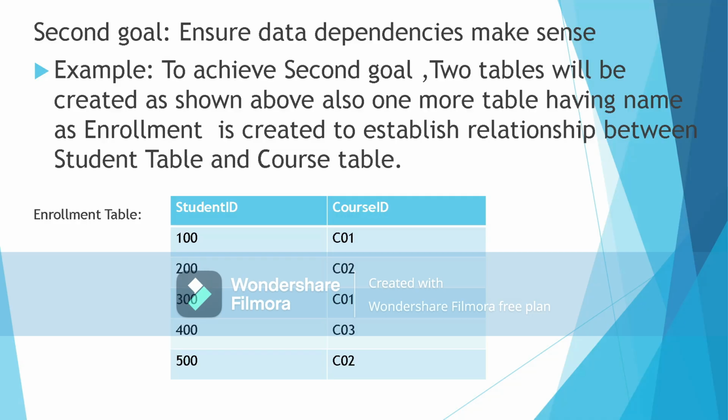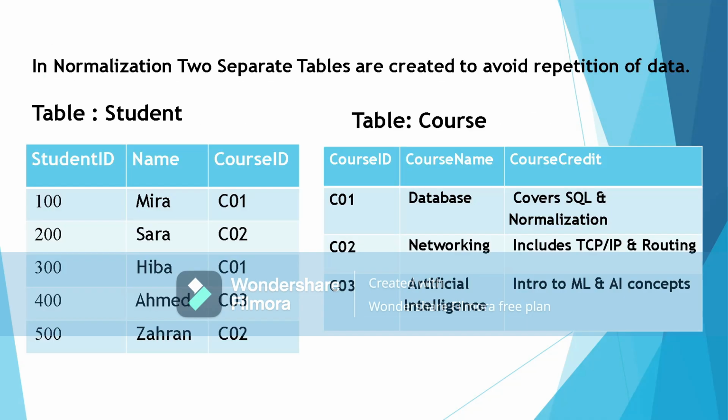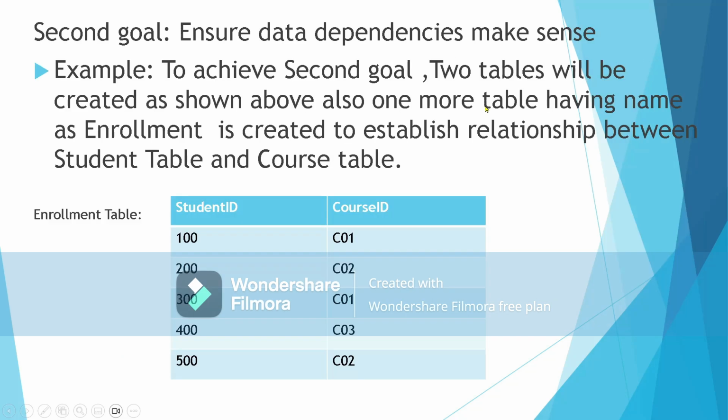a relationship between those two tables must be established. Means now the student table is separate and course table is separate, but I want to establish a connection or a relationship between the student table and course table. For that purpose, I will create one more table with the name enrollment table, and it contains two attributes, student ID and course ID.